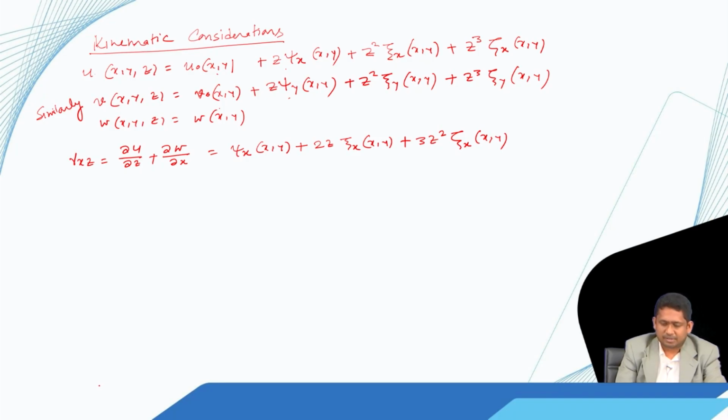Now, by satisfying the condition that at the top and at the bottom of the laminate the shear strains are 0, we can get rid of one of the variables here. So, let us see that.